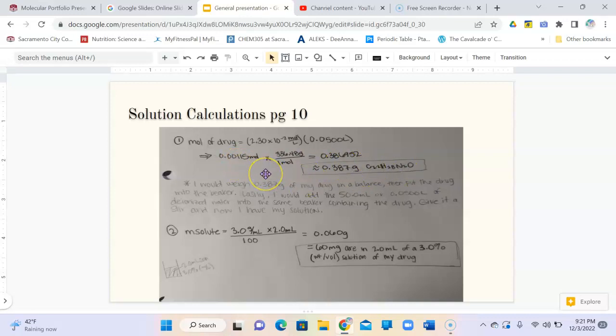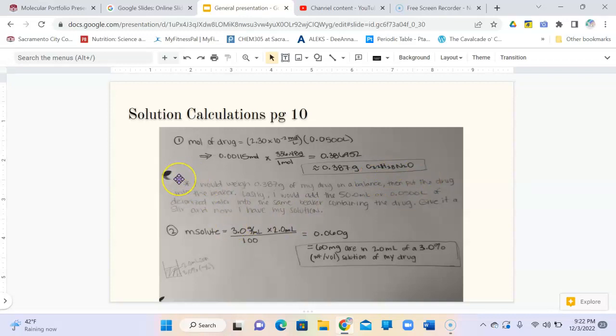So to do that, I would look at the periodic table and do the conversion factor. So 1 mole of fentanyl is essentially, as we found on the previous pages, 336.48 grams. And that's going to equal 0.386952. And according to sig figs, I need 3, so it'd be 0.387 grams of my drug.